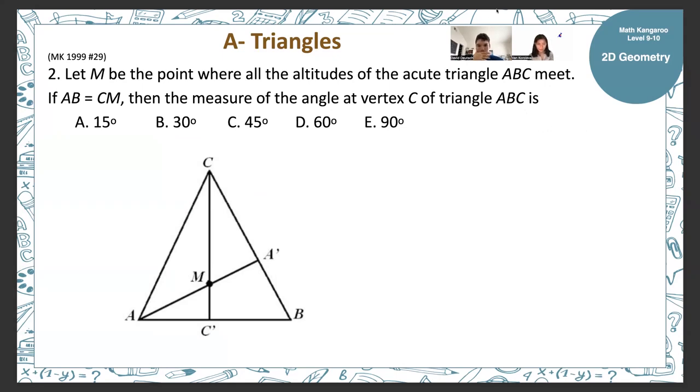Let M be the point where all the altitudes of the acute triangle ABC meet. If AB is equal to CM, what is the measure of the angle at vertex C of triangle ABC? So basically we are asked to calculate this angle, right? I really recommend you study geometry, draw to scale, because a lot of times you see the answer right away.